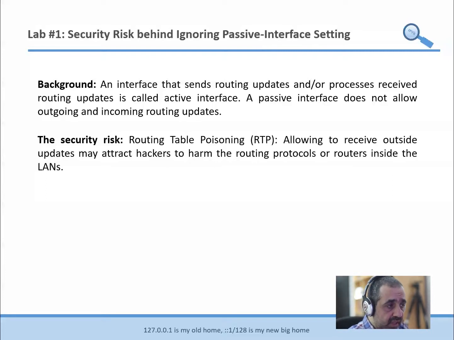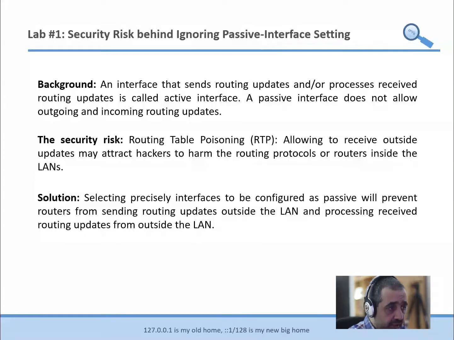This could be done easily by running a virtual Cisco IOS router and configuring OSPFv3 to send false updates towards routers inside the LANs. False updates could be a false router failure or a non-existing router path change.